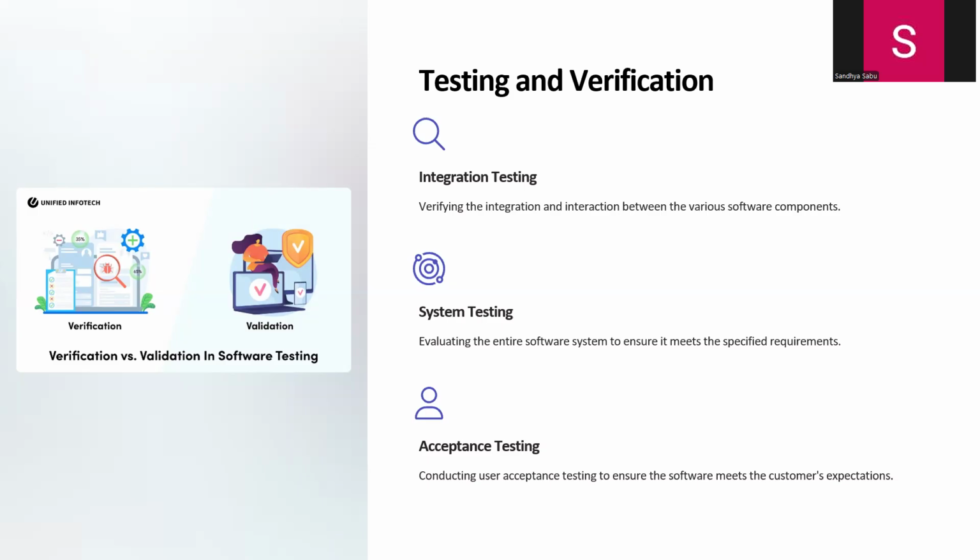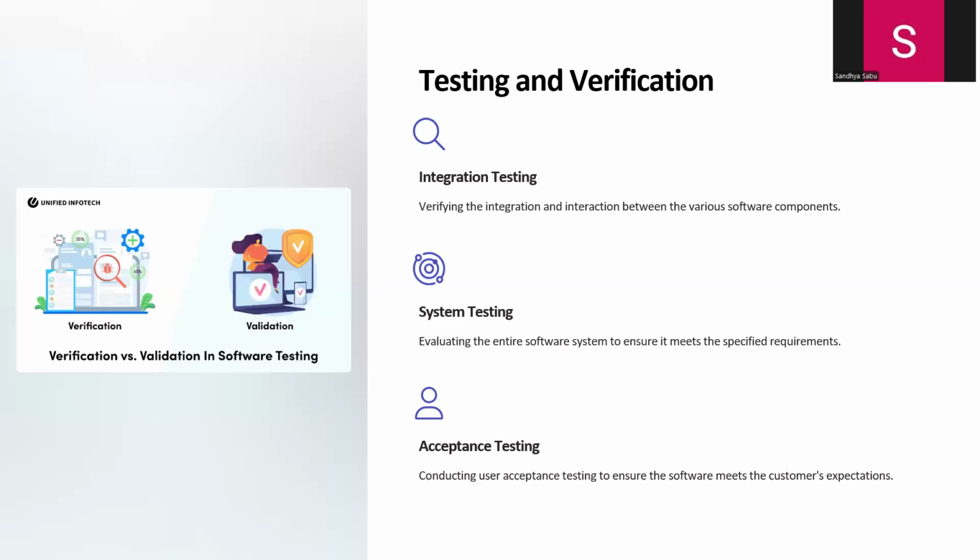Integration testing is nothing but, since the project is divided into different modules, all those modules are designed separately, and we check whether all these modules work properly when they are integrated together.